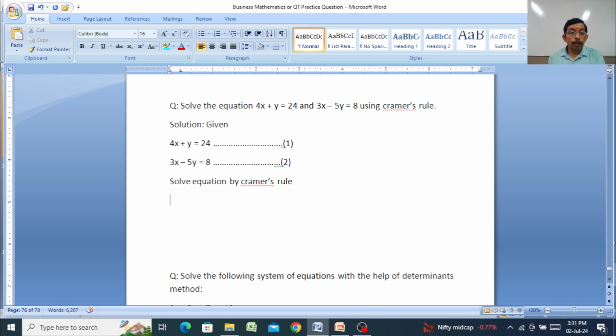First we find the coefficient matrix, denoted by D. D is equal to the coefficient matrix.